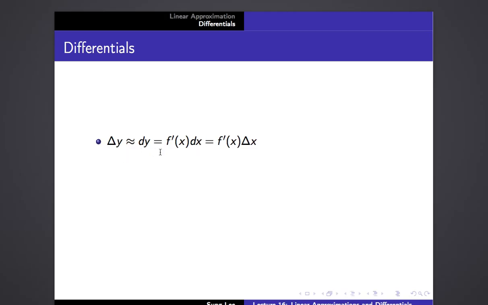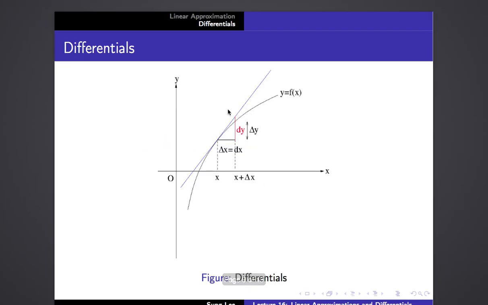In that case, we also know that dy by dx is the same as the slope of the tangent line, which is f prime of x. So dy over dx equals f prime of x.